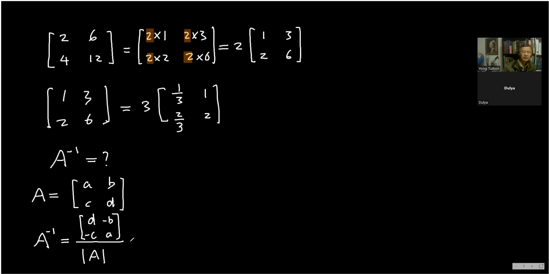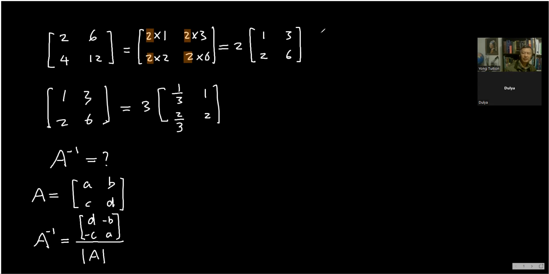That is what the formula says. But do you know how to derive this formula? Do you want to know? Let's spend a few minutes to derive this formula. Otherwise, you have to memorize it.